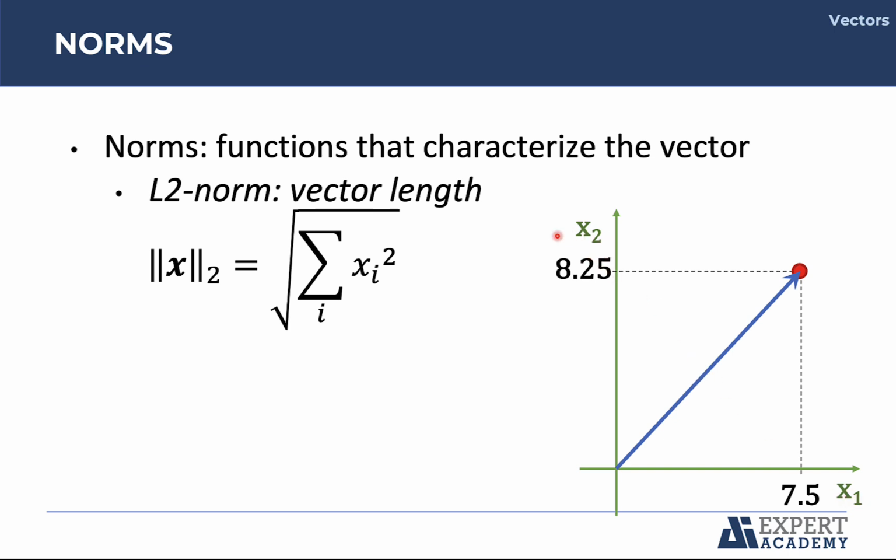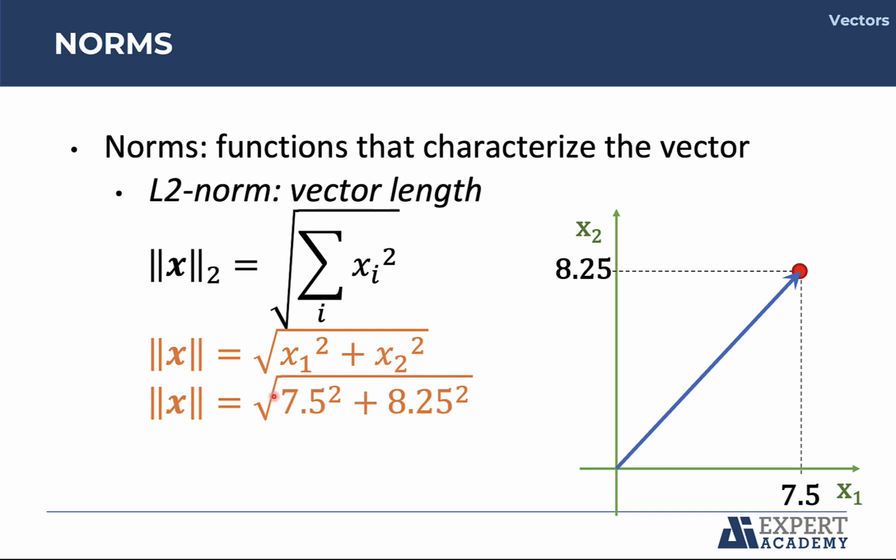Now let's apply this equation step by step. L2 norm is equal to the square root of the sum of x1 squared plus x2 squared. So we have 7.5 squared plus 8.25 squared.